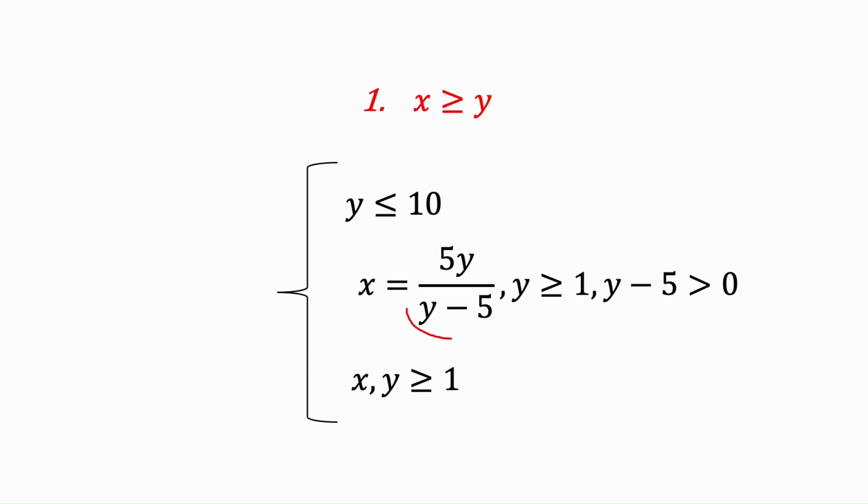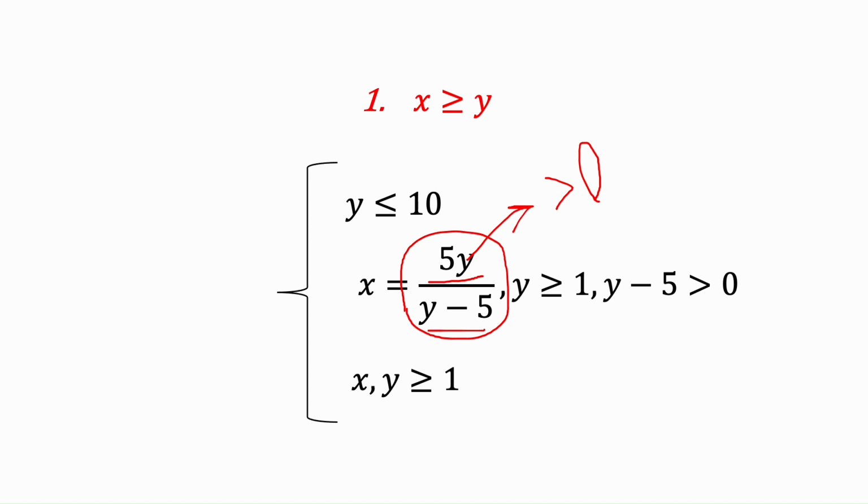So x needs to be a positive integer, so both parts of this fraction need to be positive, or both parts need to be negative. And we know that y cannot be negative because it is a positive integer, and it cannot be 0 too.